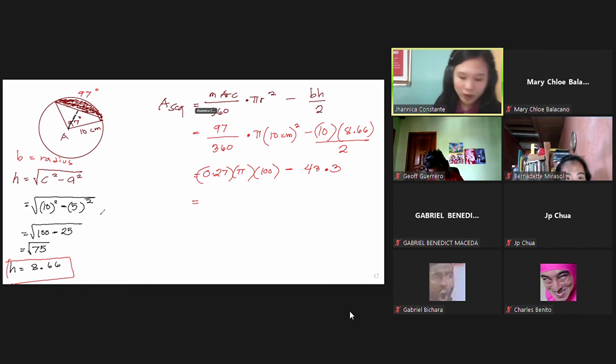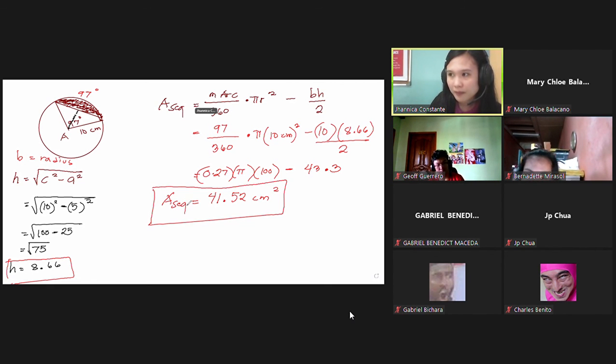So 0.27 times pi times 100 minus 43.3 is equal to the area of the segment, which measures 41.52 centimeter squared. So that is the area of our segment.